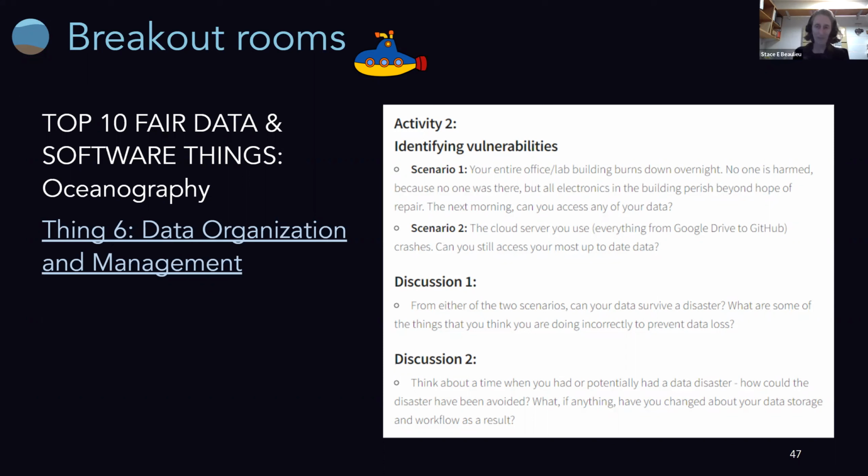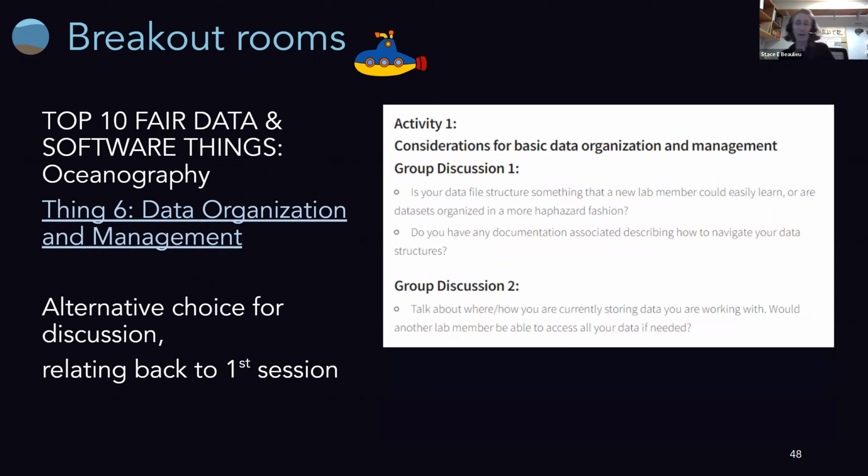So we'll describe the activity and the discussion points during the live session, but we want to make sure that people also have the opportunity to discuss, if they prefer, the other activity in this lesson that is linked here. This other activity relates back to the first session of this module with regard to organization of files, and we will probably try to do the breakout rooms so that the learners have a choice between the vulnerability activity and the organization activity.